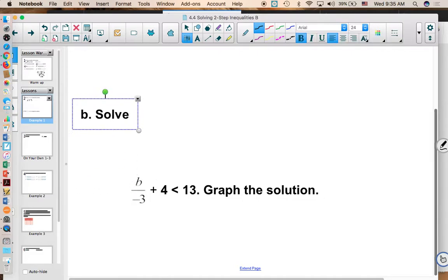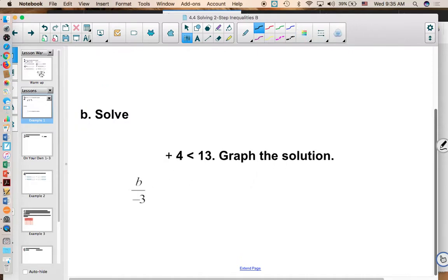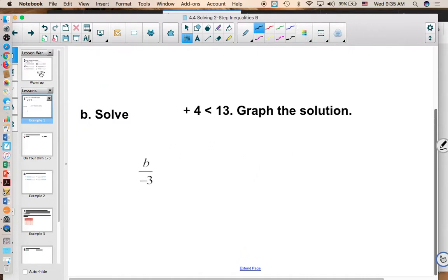Move it up to open up more space. Okay, go right ahead, G. Use your acting voice, G, so we can hear you.